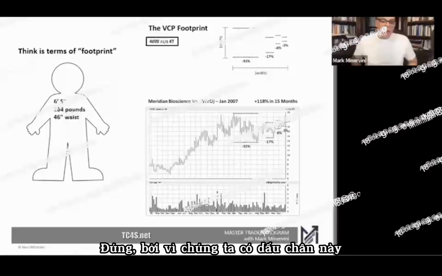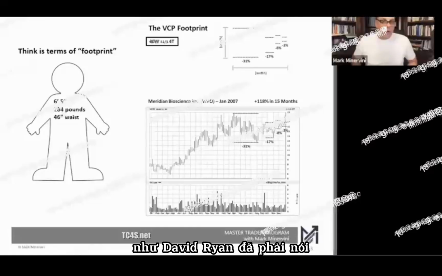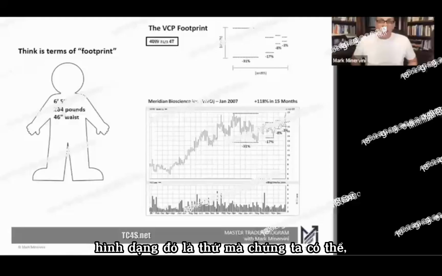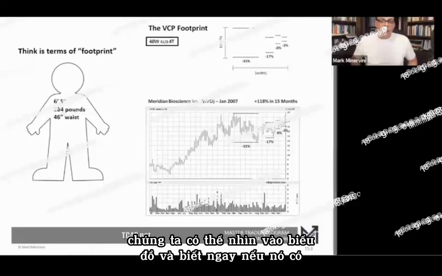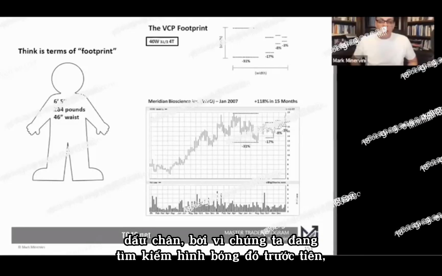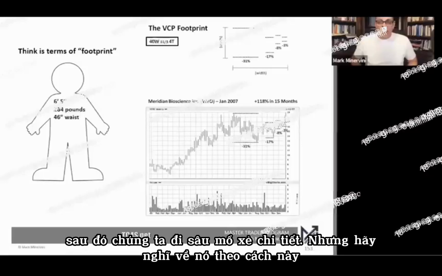Yeah, because there's this footprint, there's this look, if you will, as David Ryan used to say, the look has the look. That look is something that we can look at a chart and right away know if it's got that footprint, because we're looking for that silhouette first. Then we get more forensic. But think of it this way.